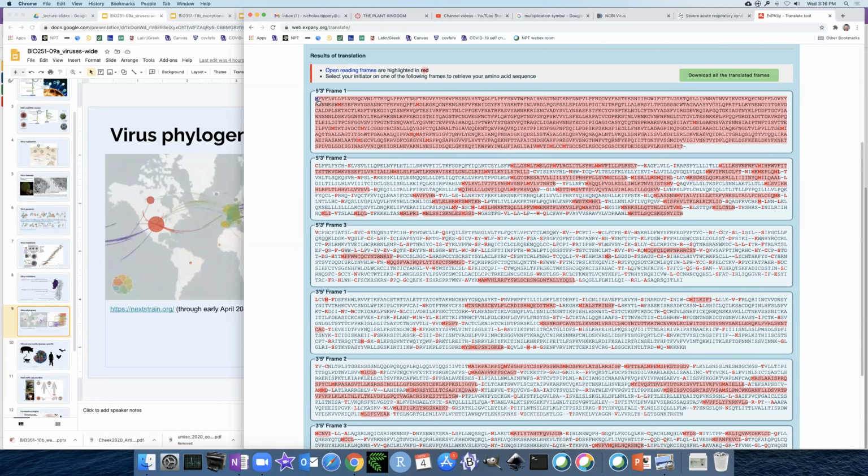Started with an M methionine, ended with a dash. That's probably what they did for a stop codon. And it's a continuous sequence throughout. So this is one continuous sequence of amino acids. Each letter here is the single letter abbreviation for an amino acid. And these other options are not what happened, but maybe is a nice illustration of what a different reading frame would get you.